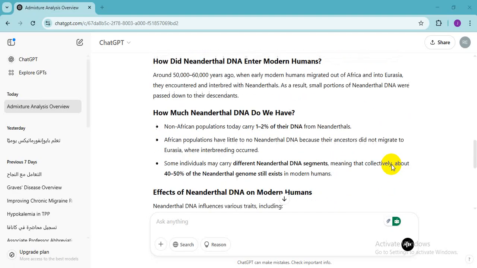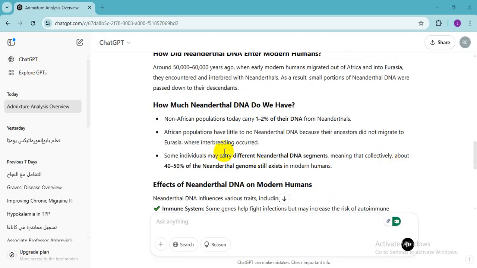How much Neanderthal DNA do we have? Non-African populations today carry 1 to 2%. African populations, no. Some individuals may carry different Neanderthal DNA segments, meaning that collectively about 40 to 50% of the Neanderthal genome still exists in modern humans.